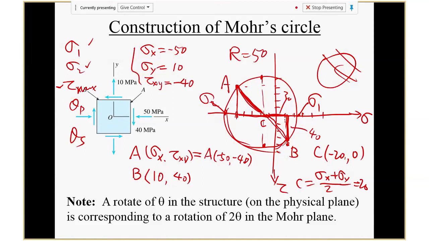What's theta p? The direction from your current x direction to your principal direction. First, can you label on the circle which angle you're looking for?